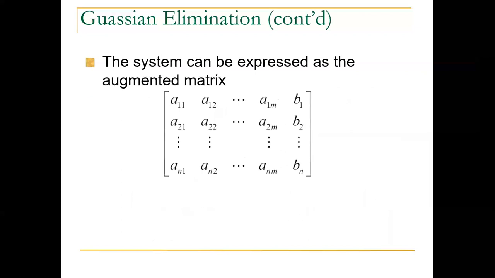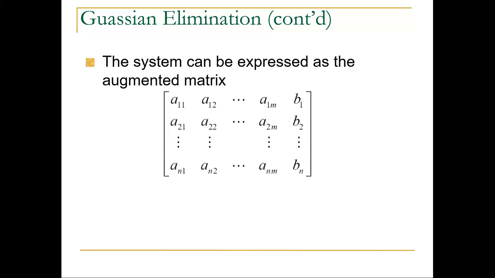Alright? You know that this means this x1 plus that x2 and so on plus this xm. There are m variables here. Okay? But there are n equations. 1, 2, 3, n. So this is a case where you have different numbers of equations. Alright? This is the augmented matrix.